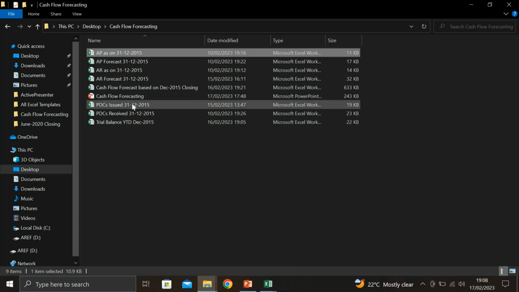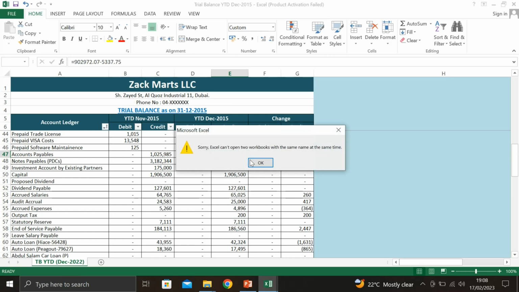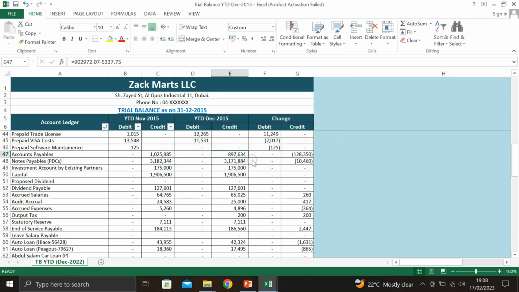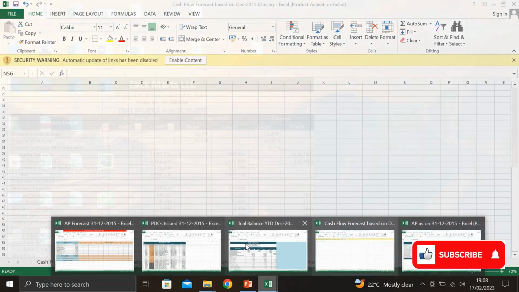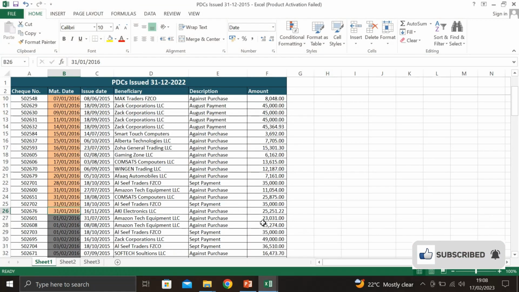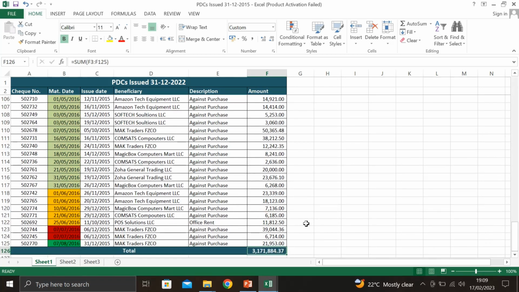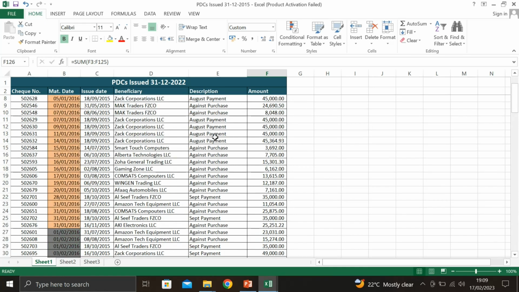So PDCs issued, in this file we have 3.17 million of PDCs issued. It is the detail of the PDCs: the check number, the check maturity date, the check issue date, the supplier name, and this is the amount.